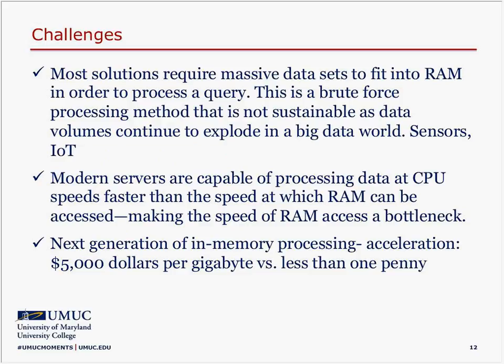So most of the solutions in in-memory analytics deal with information from sensors, from the Internet of Things, from social media, or others. The technology today made possible a change in the cost of in-memory analytics, which was, let's say, $5,000 per gigabyte, with the new in-memory processing acceleration technology, which is not just the bare CPU and memory.